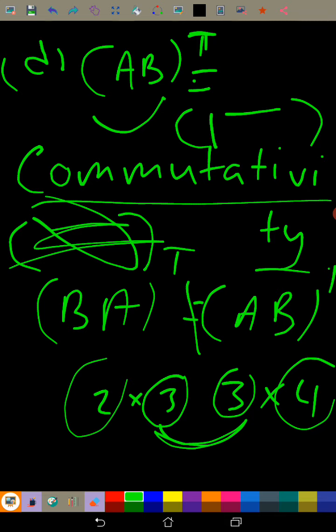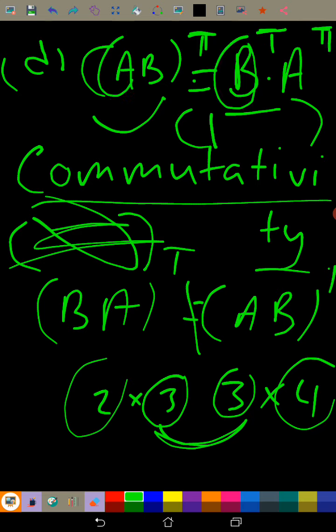So it is equal to the product of the respective transposes in inverted order. So you see, you change the place.